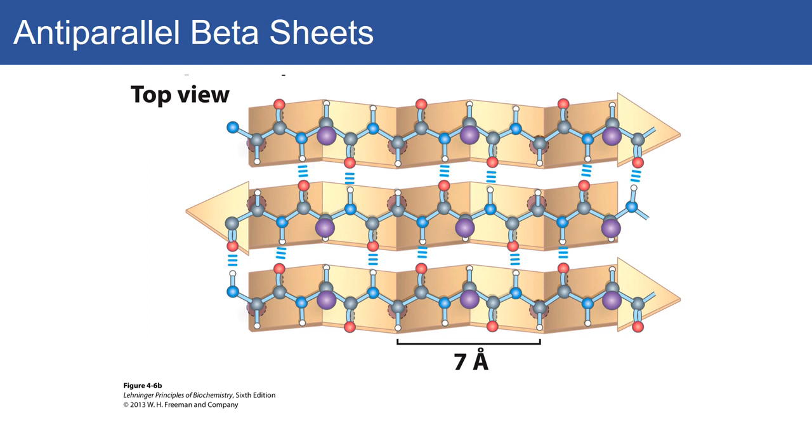Again, note that this is a backbone functional group bond. R groups do not interact in this. You'll notice that this is a very straight hydrogen bond, and so it's a little bit stronger than a parallel beta sheet because of the 180-degree orientation of the molecule.